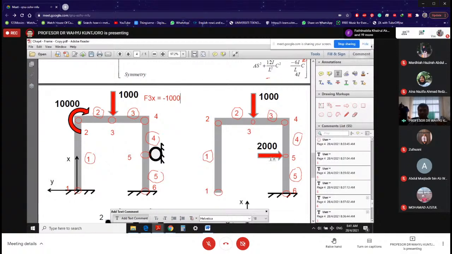What about this 2000? This actually is f5y. Why? Because y is horizontal now and positive to the left. So that means this is going to be minus 2000. So now you begin to have some idea what kind of quiz I'm going to ask you on Monday.